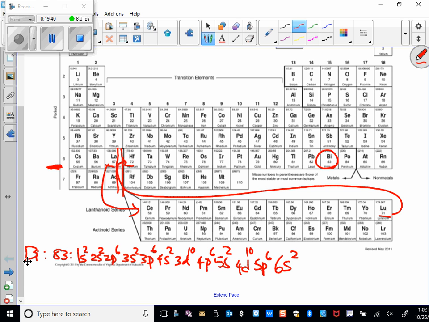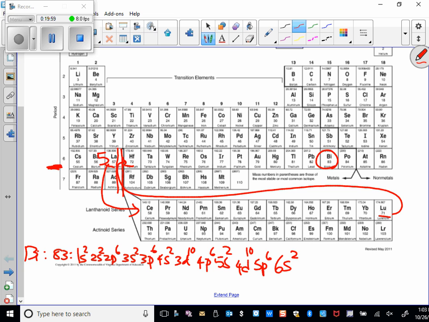After 6s2, it does fill 5d. It does fill 5d1, but I'm not going to do 5d1 first, because I know this is all getting filled in before it hits the 6p. Is that right?